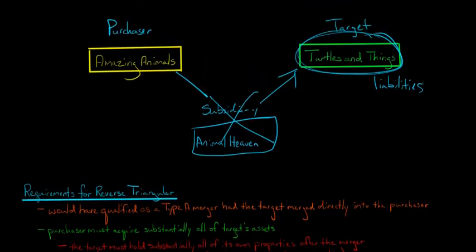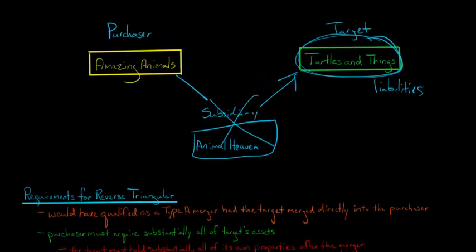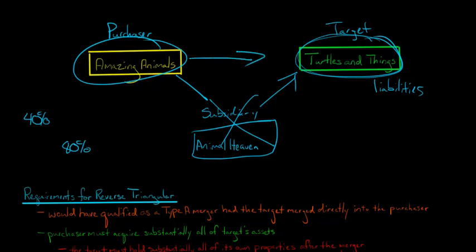If you remember, with a regular type A merger it would be at least 40% stock from the purchaser, in this case Amazing Animals. But with this reverse triangular merger, it has to be at least 80% of the consideration. The consideration is what Amazing Animals is ultimately giving to the target in exchange for the deal to go through. So at least 80% of that has to be voting stock from Amazing Animals.